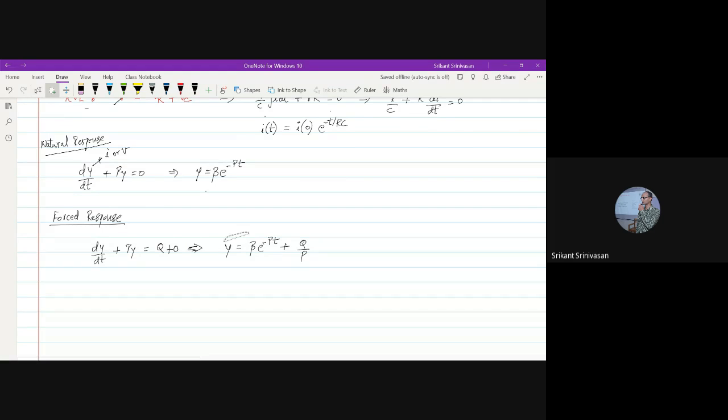Can you try to plug this equation? If I take this solution, y is equal to beta e power minus pt plus q by p, can you plug this into this equation and see if you're getting the LHS equal to RHS? Is it matching properly? Try it out on your notebooks right now.